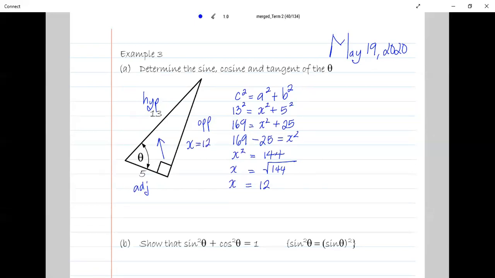And everybody should know, especially from the last activity that we did, that once you know the length of all three sides, it's easy, you can find any trig ratio. So the sine, which is opposite over hypotenuse, so the sine of theta would be the opposite side, which is 12, over the hypotenuse, which is 13.